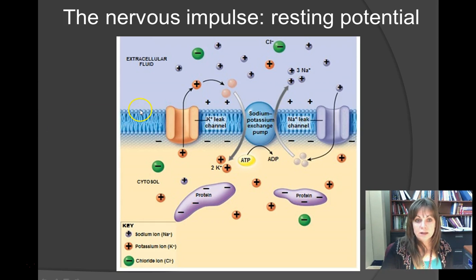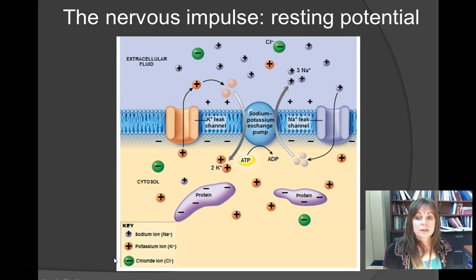You may recognize the phospholipids, the heads and tails on either side. Over on this side is extracellular fluid. Extra means outside the cell, so it's the fluid outside the cell. And over here is the cytosol, so this is inside the cell.